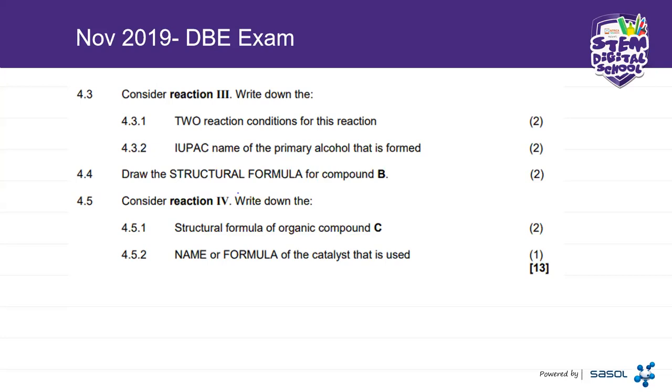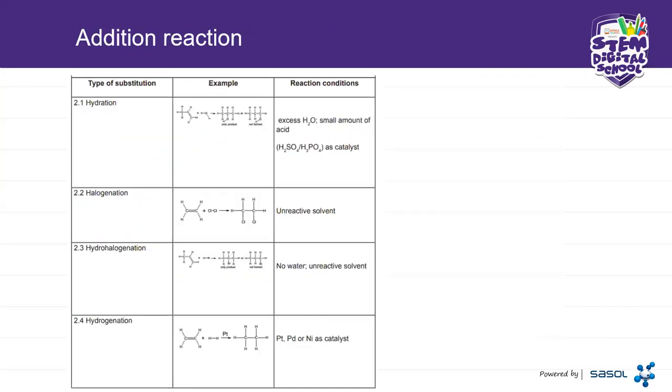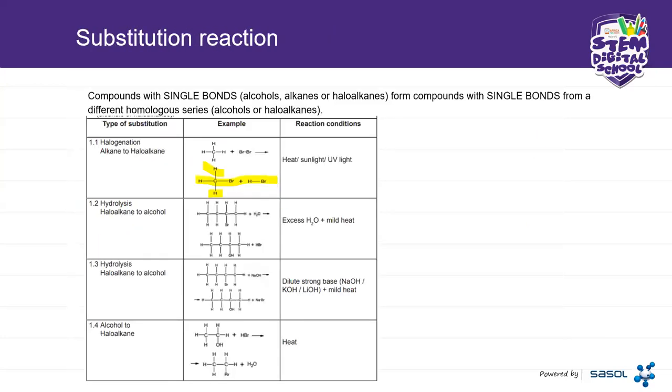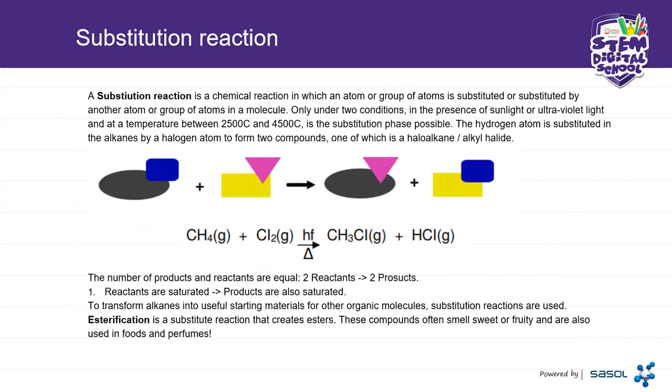So I want us to go back to substitution. The best way to explain is through substitution. Remember when we did our introduction to substitution reaction, it says substitution is a chemical reaction in which an atom or a group of atoms is substituted by another atom or group of atoms in the molecule.